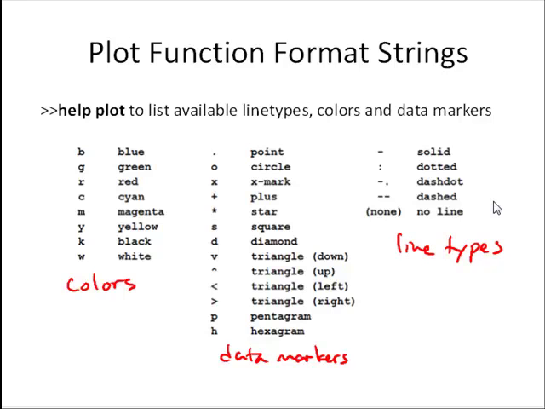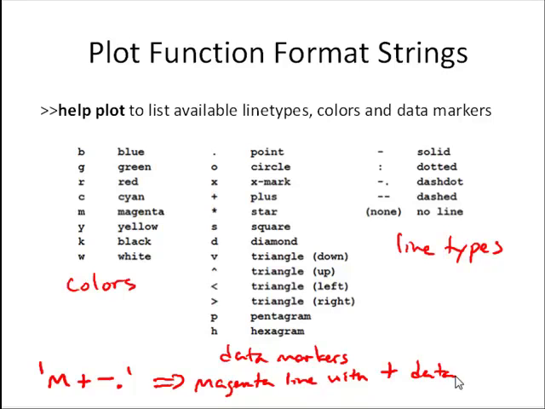So for example, the plot string m+-. would plot a magenta line with pluses marking the data points, and the line would be a dash-dot dash-dot dash-dot line.